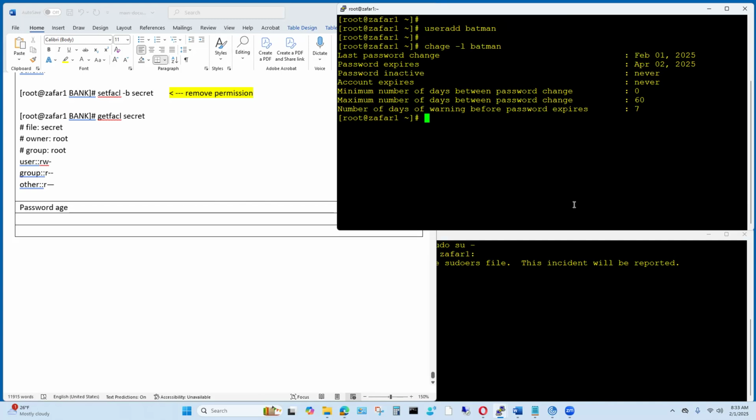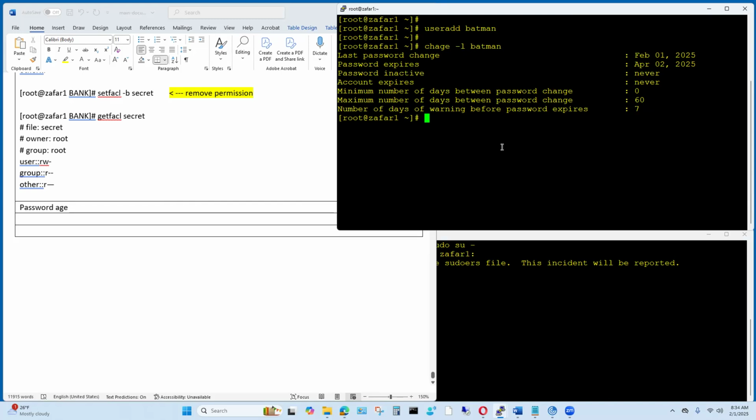Oh God, shoot. For Batman, the one you just created? I don't know. Did you guys change any configuration in there? I don't think so.